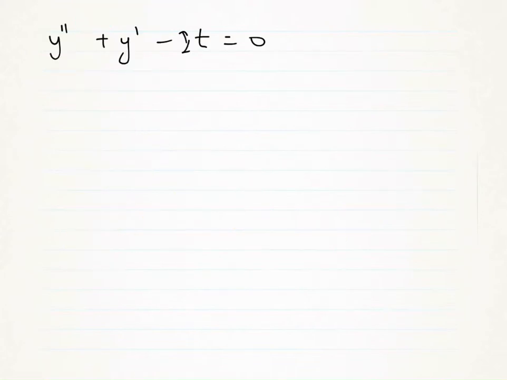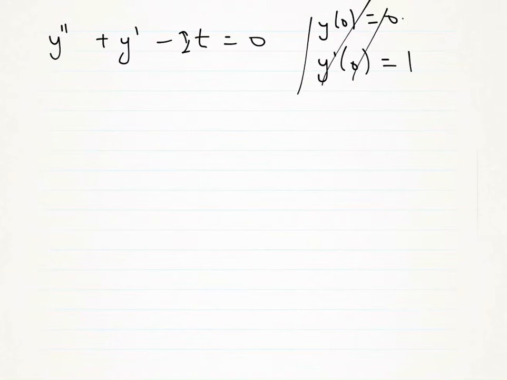My initial values are y of 0 equals 0 and y dashed of 0 is equal to 1, since it's only differentiated once. We're going to ignore these until the end, they're not important to us yet.